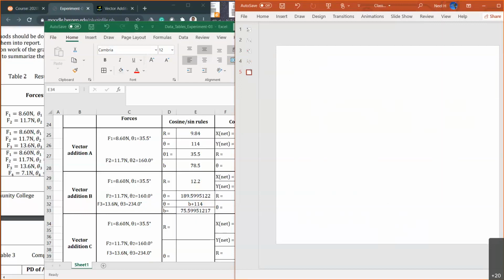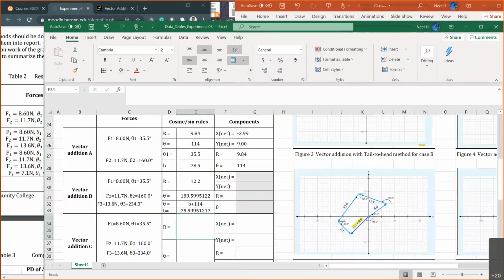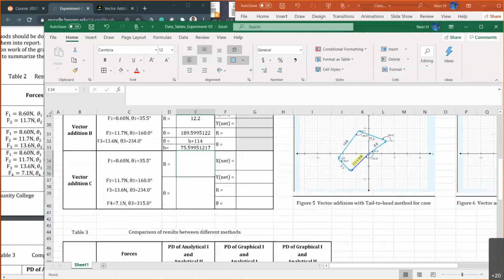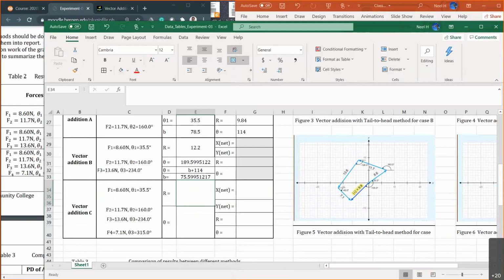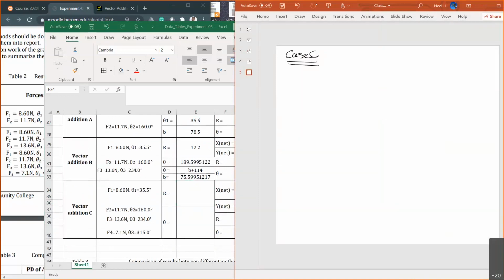Let's take a look at case C instead. That will be very useful to see how we're going to use the cosine sine rule. Now, with the cosine sine rule, you can have only two vectors. You can't have more than two, which means I have to bring the result of my previous ones, the result of vectors 1, 2, 3, plus the last one. That's the plan. So I'm going to draw it here.